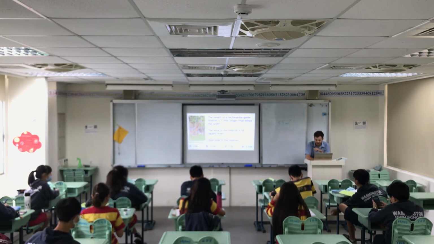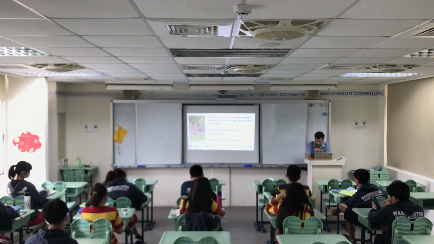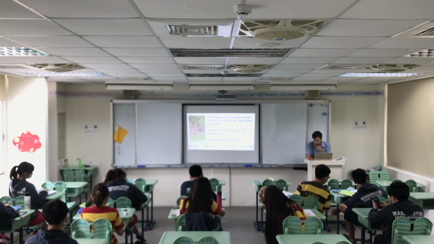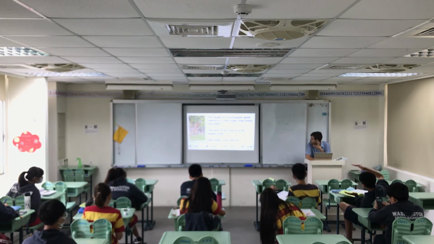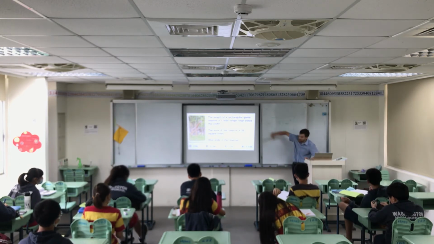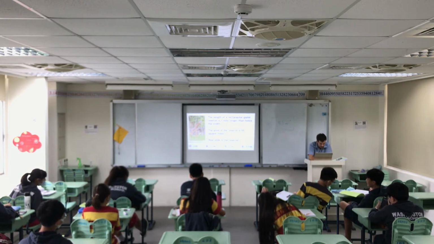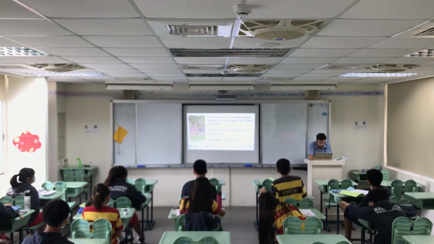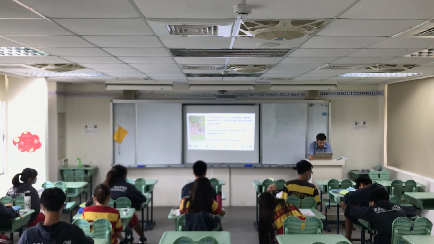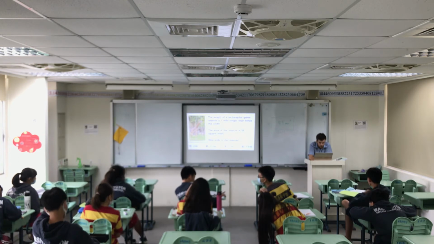I'm gonna have you vote. Everybody's gonna answer. Get ready. At least come up with your favorite guess. The width is the smaller one, W. 15 seconds. 5, 4, 3, 2, 1.